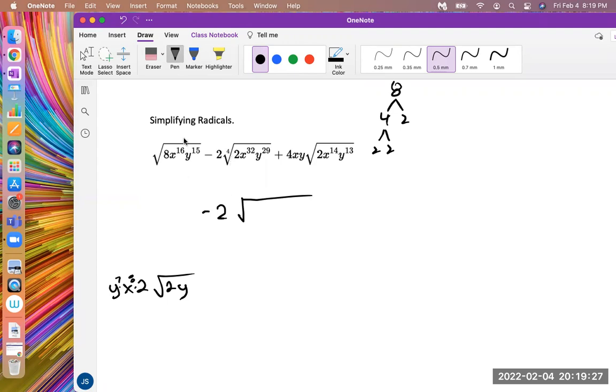I mentioned with the first problem, there's really an invisible 2 here. The default for this radical symbol is 2. So if there is no number on the outside here, it is meant to be a 2, but because there's a number here on the outside, now it's a 4.